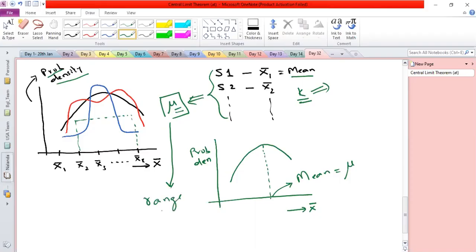When I am defining the range, your mu, that is your X bar, plus or minus, let's say, 1, or X plus or minus 5, or X plus or minus 10, or any number. That means what I'm trying to say is, how much will this plus or minus be?